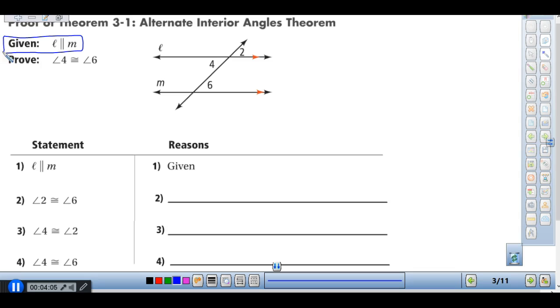Why is 2 congruent to 6? Because those are corresponding angles. So in your reason, you can just write corresponding angles, and I will be okay with that. Then we can say 4 is congruent to 2. Why? Those are vertical angles.